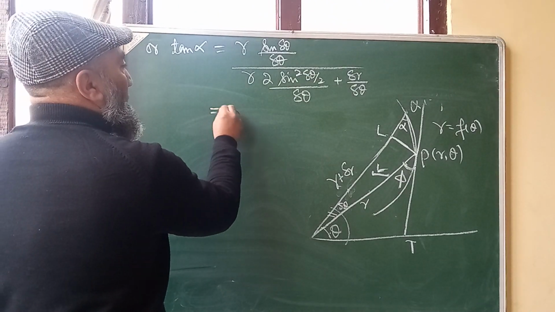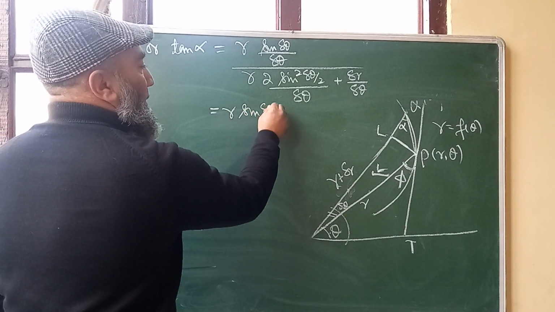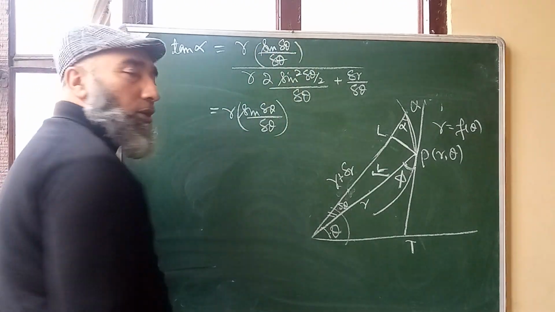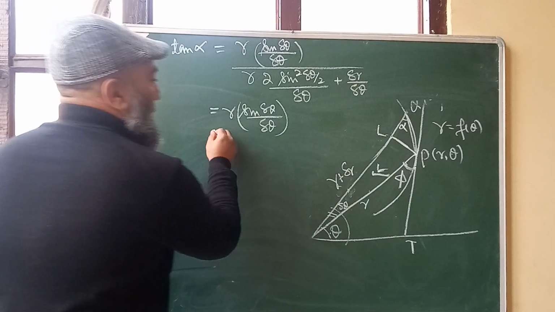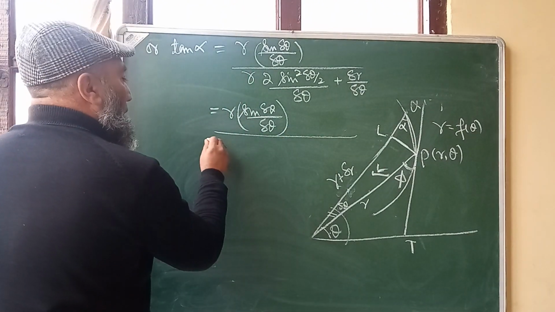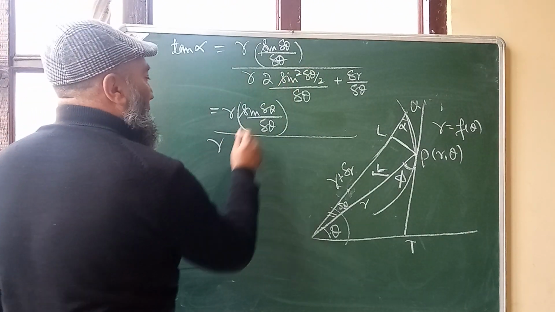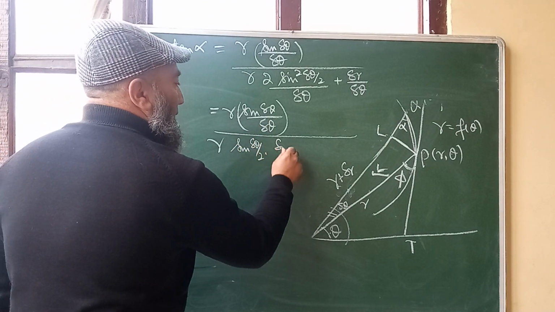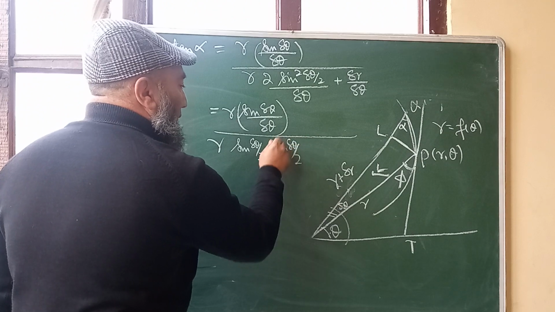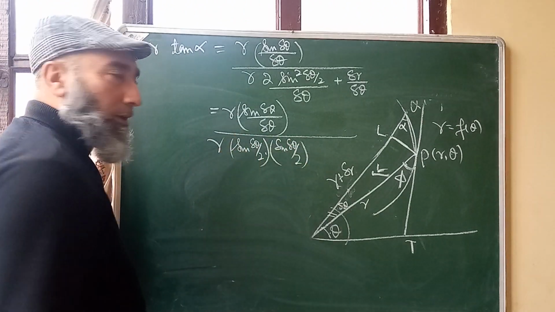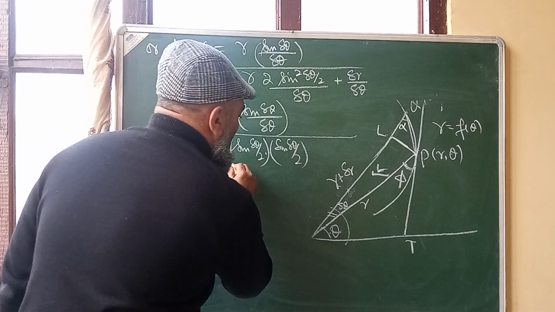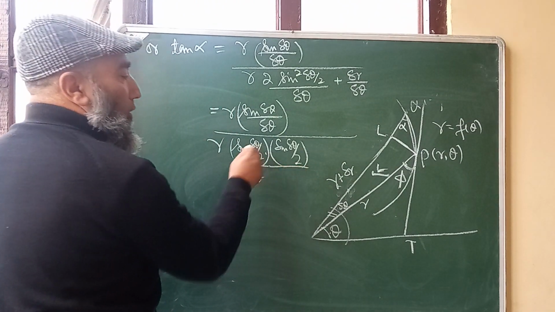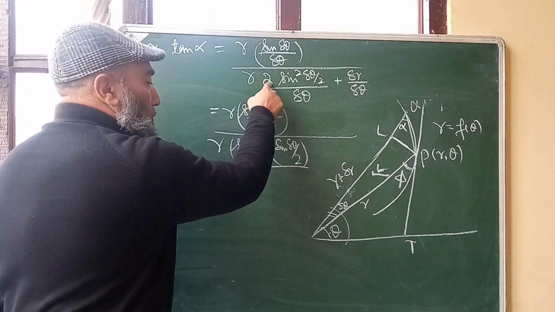This is R sine del theta by del theta. As you know, sine theta by theta is 1. I will be using it. This is 2R, see, this is sine square, so it is sine del theta by 2 and sine del theta by 2, divided by del theta.